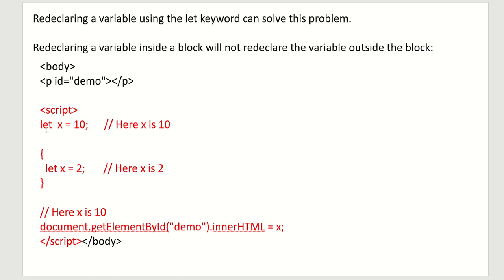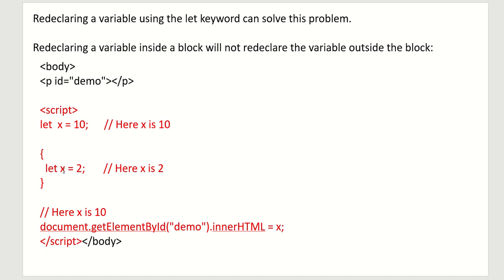So here, suppose I write let x equal to 10. Fine, so here x is 10. Now between curly brackets, that means this part, let x equal to 2. So between curly brackets, x is equal to 2. Now, what it means is that once you are done with your block or these curly brackets, outside of this x will remain 10 only.